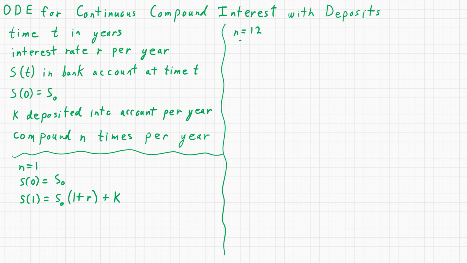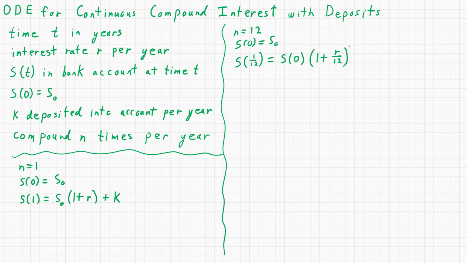Then similar setup here, we're going to have S at time 0 is equal to S0. And we're going to have S at time 1/12, after 1 month, equal to S at time 0, the previous month, times the interest on the amount, so 1 plus r over 12.